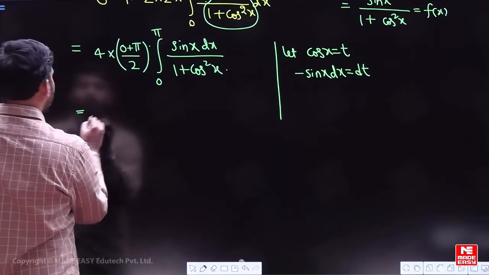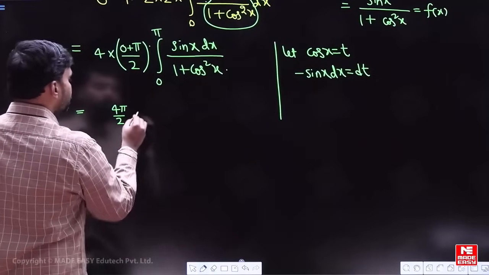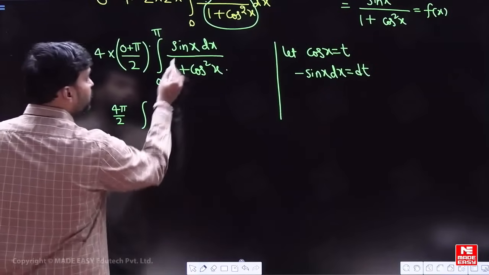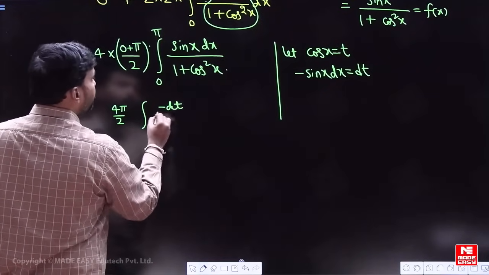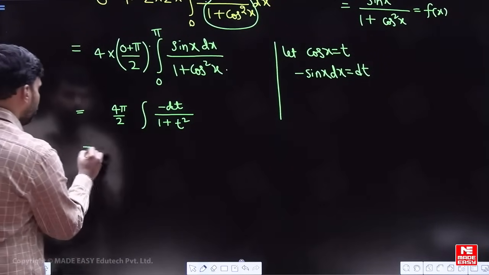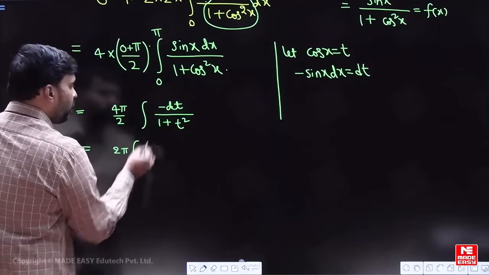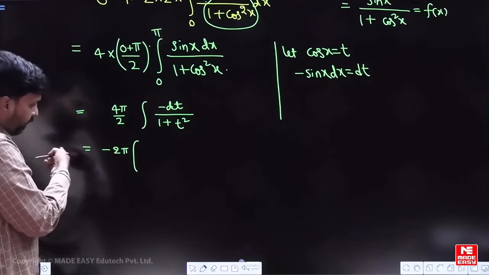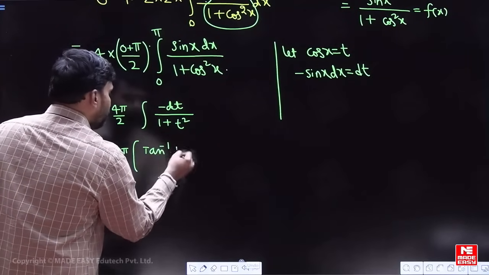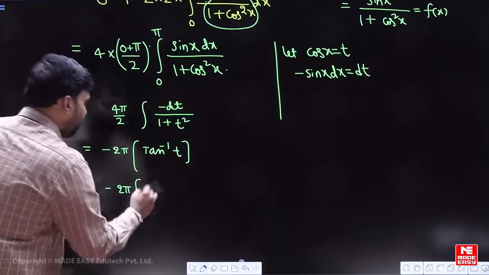In this case it will be 4 pi by 2, the integration of, we'll take the limits later, minus dt by 1 plus t square. So 4 pi by 2 becomes 2 pi, we take the minus out, and this will become tan inverse t. So now I take it as minus 2 pi of tan inverse t.